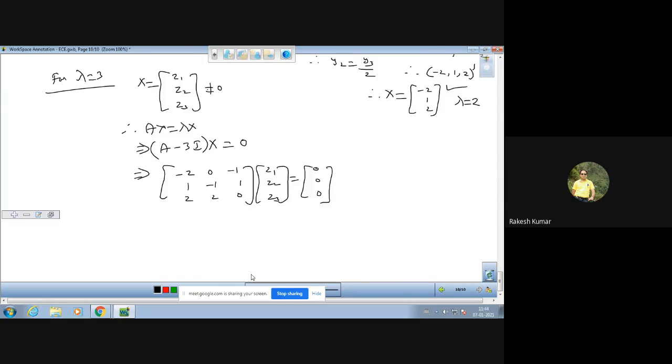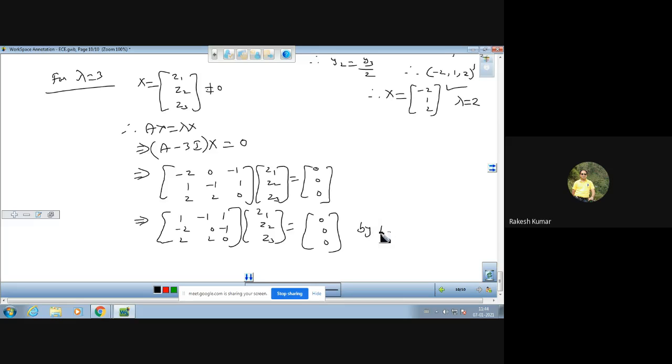Now you can operate some row operations again, interchanging the second row with the first row. 1, -1, 1, -2, 0, -1, 2, 2, 0, and this is Z1, Z2, Z3, and this is 0, 0, 0.